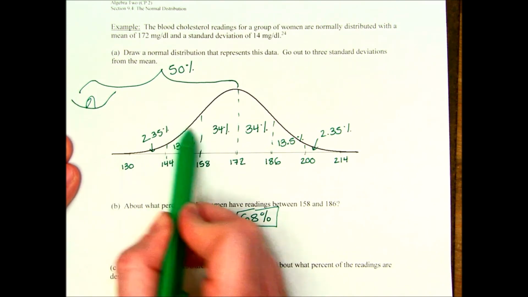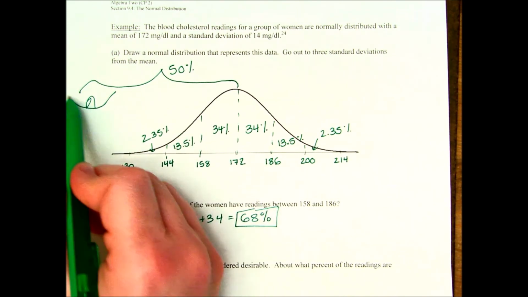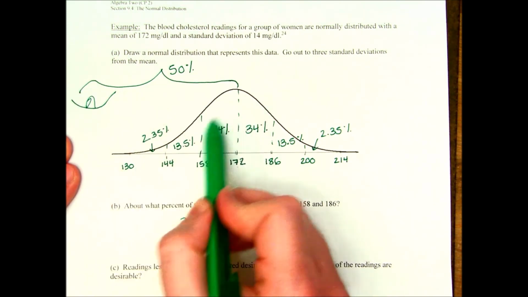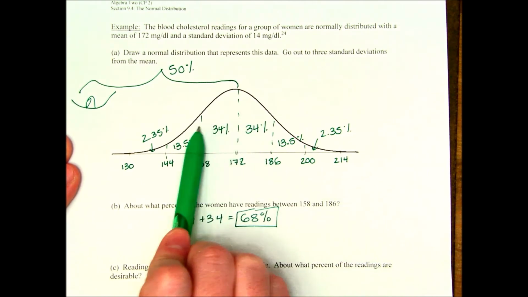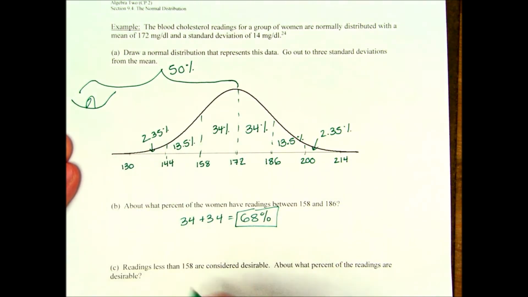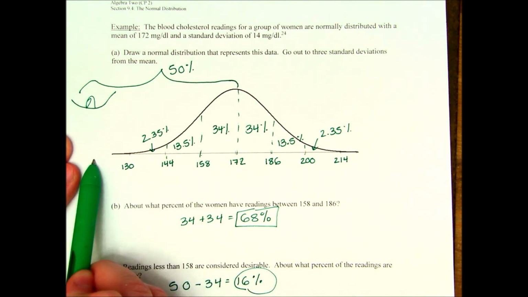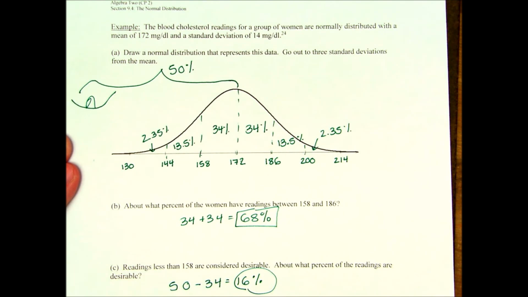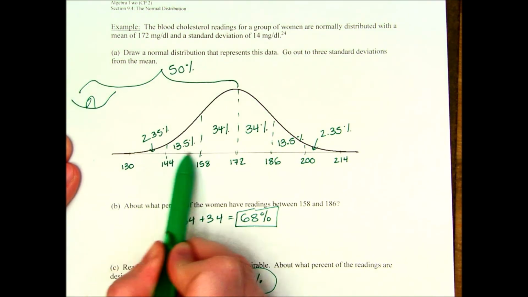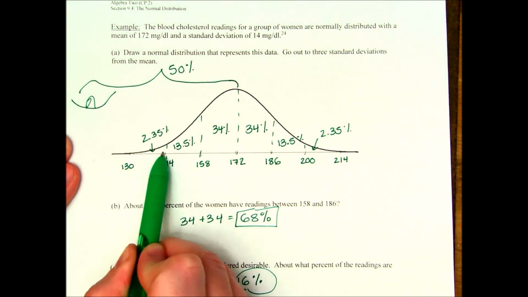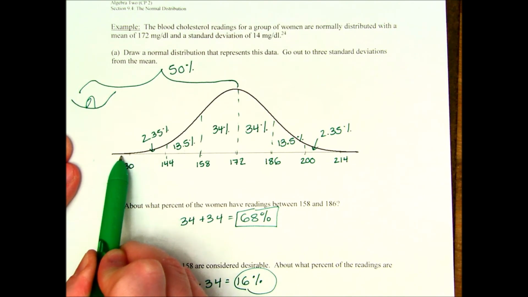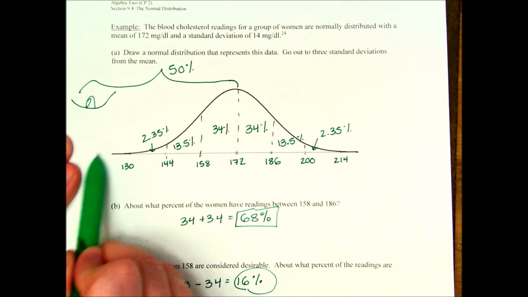So over here, if I do my 50% minus 34, I'm going to get everything that I care about that's below 158. I'm going to do 50 minus 34, and I'm going to realize that 16% of my data is over here. That is not the same value you would have gotten if you added these two sections together, because adding those two sections together is ignoring the very small but significant amount of data that's over here.